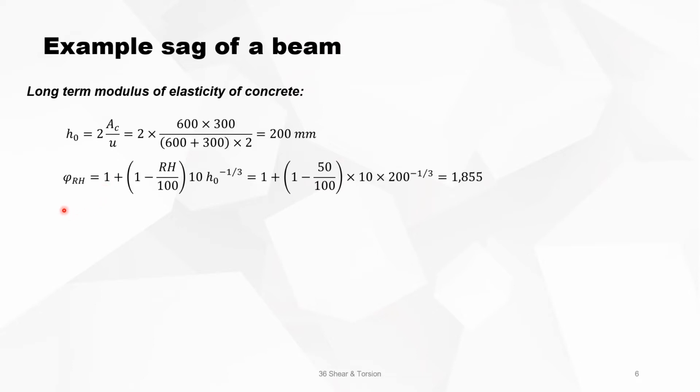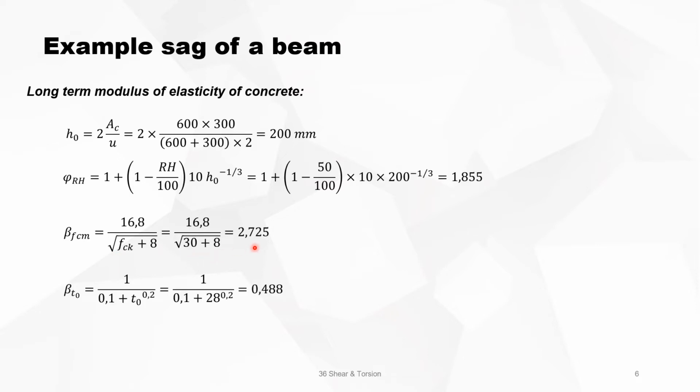The contribution of the humidity is then given by this formula, and if you put in some numbers, you find this is 1.855. The contribution of the concrete strength, the C30/37, gives you 2.725, and then the contribution of the time of loading, t0 in days, it's 28 days, it's 0.488.